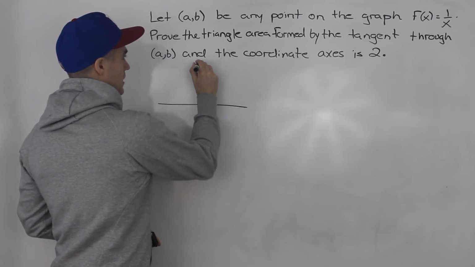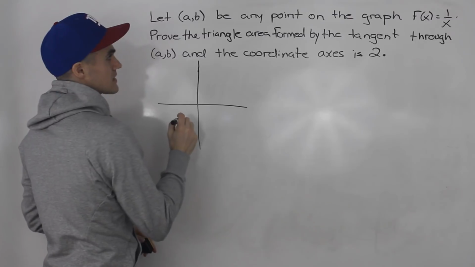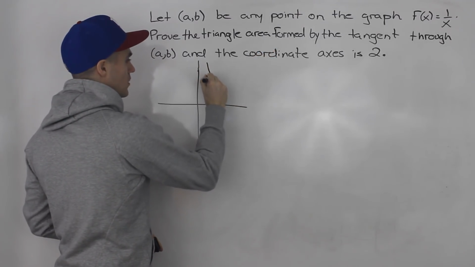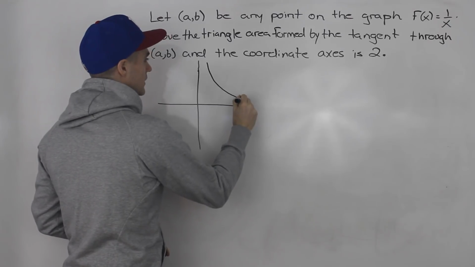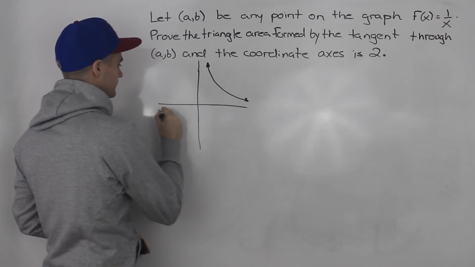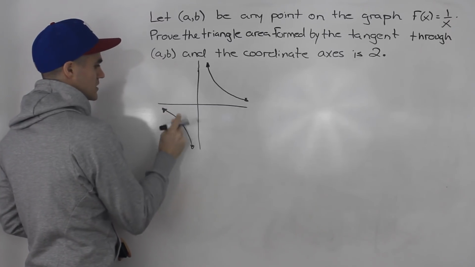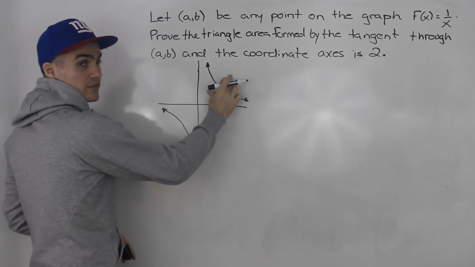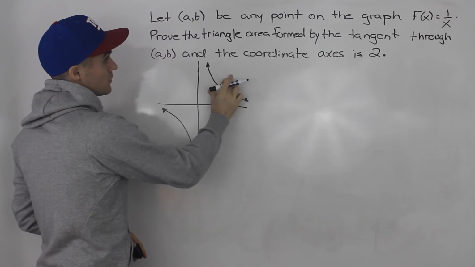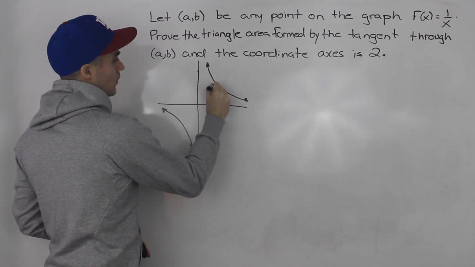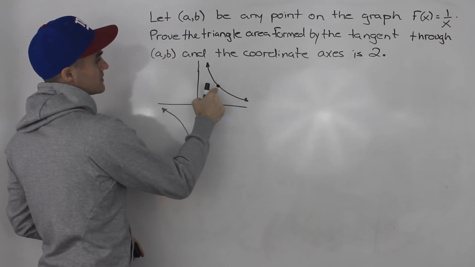So the first thing I'm going to do is draw the graph 1 over x. The reciprocal function, if you remember, just looks something like this. For this example, I'm just going to ignore this part of the graph and work with this here. What they're saying is that there's a triangle formed when you take a point on this function.